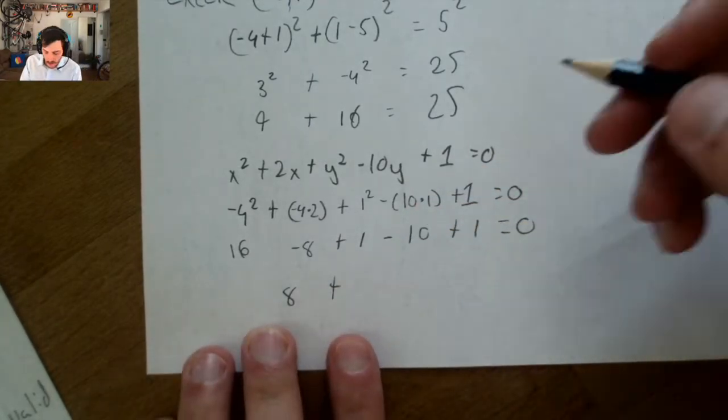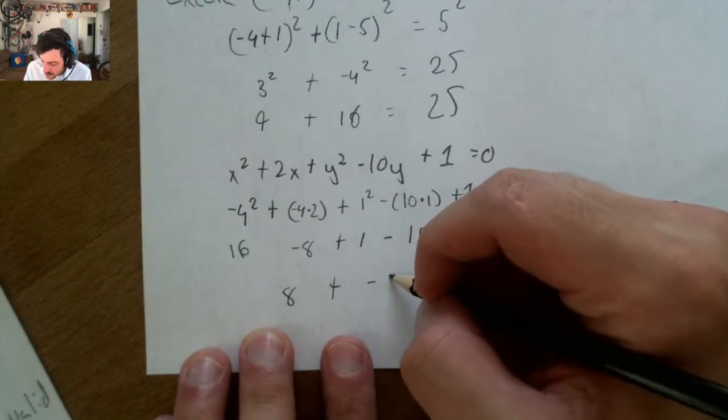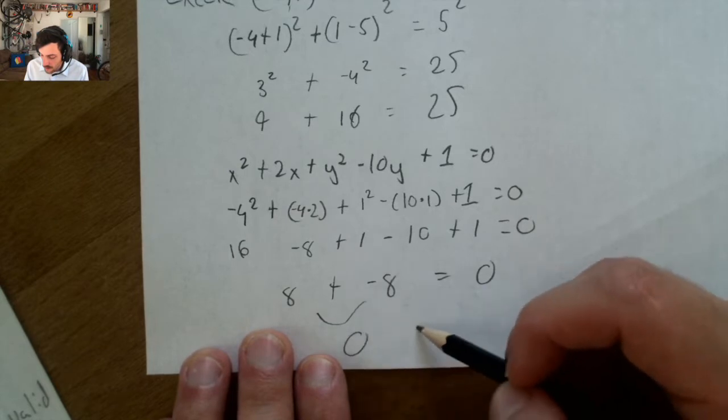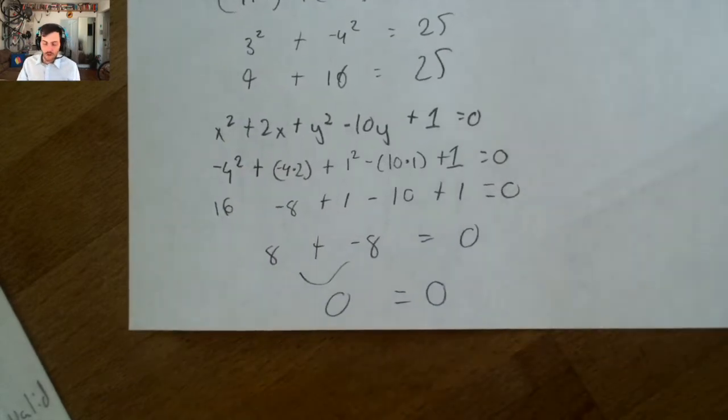Plus 1 gives us negative 8. 0 equals 0. And essentially we can prove that if we modify our equation, there's multiple representations thereof. It doesn't have to be just in this one individual sequence.